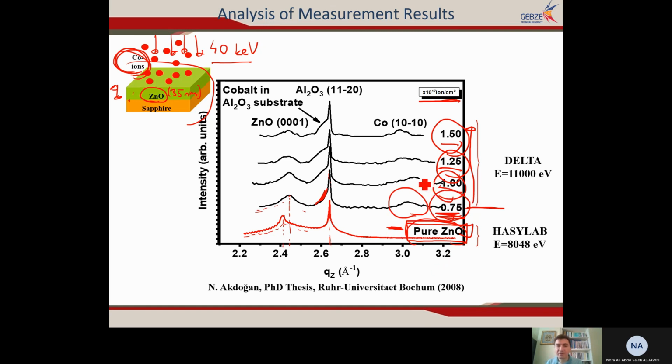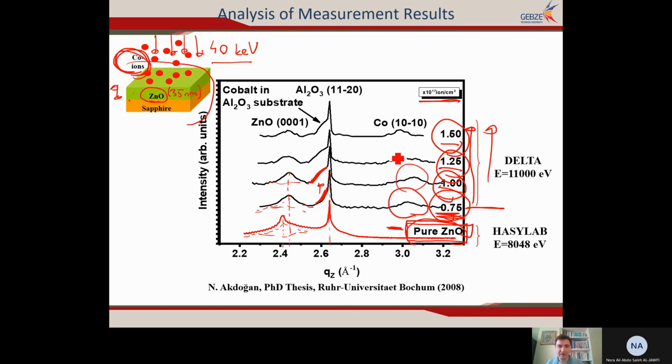If I further increase the concentration, this feature here becomes more dominant. This is the shoulder on the left side of the main sapphire peak. And what about this peak? What about the intensity? The maximum intensity of this peak is decreased, and I have another feature.